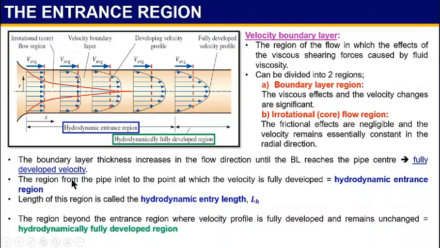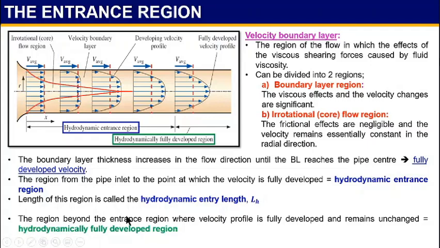The boundary layer thickness increases in the flow direction until the boundary layer reaches the pipe center, meaning fully developed velocity. The region from the pipe inlet to the point at which the velocity is fully developed is called the hydrodynamic entrance region. The length of this region is called the hydrodynamic entry length.